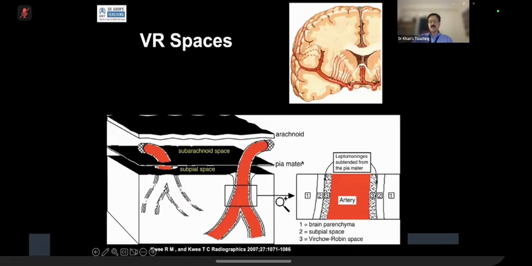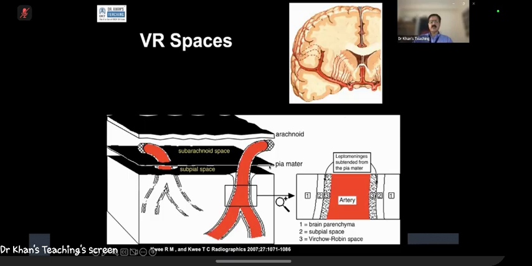Virchow-Robin space, by definition, will be of CSF intensity. It will be fluid intensity. Sometimes Virchow-Robin spaces are prominent, and there are some locations in which they will be more prominent, for example in the basal ganglia, along the lenticulostriate arteries, but also cortical arteries in the midbrain.